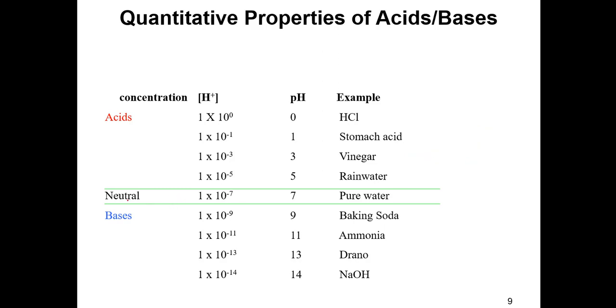We then have these nice crude cutoffs, kind of like what we did with polarity and nonpolarity, where if you have a pH that's less than 7, 0 to 7, we consider it an acidic solution after adding in the acid. And if it's greater than 7, it's going to be a basic solution, usually because we added in bases. And then if it's directly at 7, then it's going to be a neutral solution.